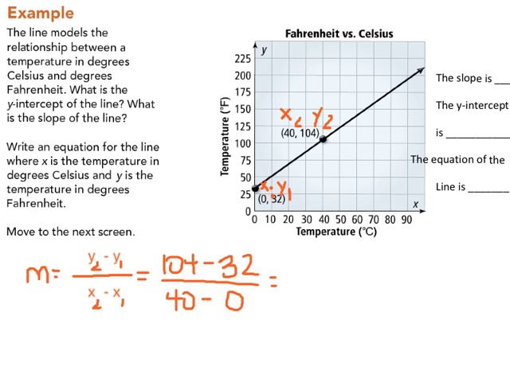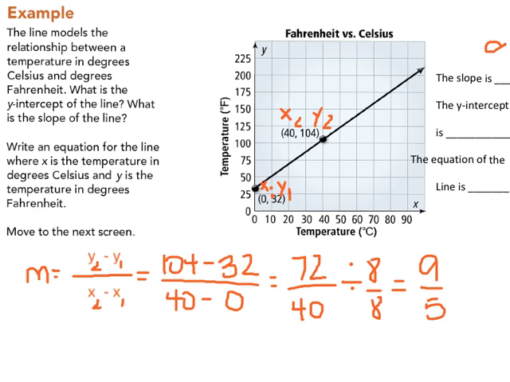This equals 72 over 40, and that will simplify. Since 8 goes into both of them, I'm going to divide top and bottom by 8, and so I get 9 over 5. So my slope of the line is 9 over 5. We're going to write that over here.